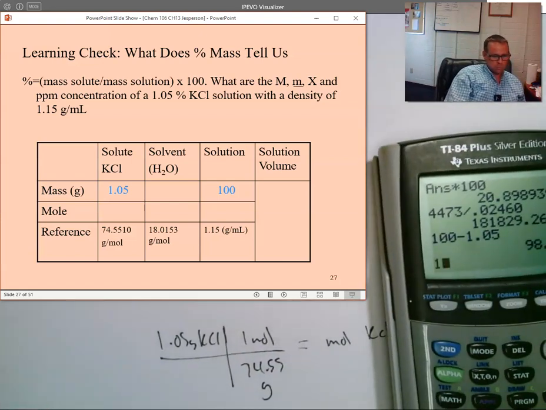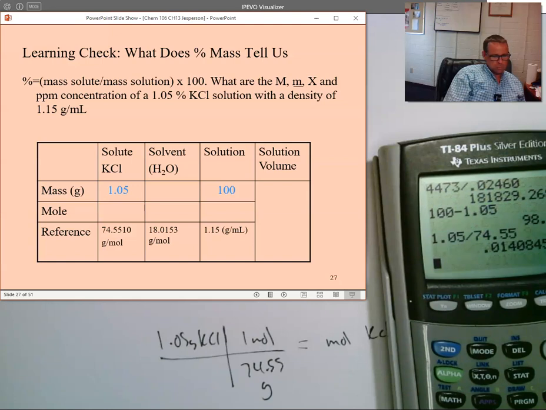So we do 1.05 divided by 74.55, and 0.0141 would be our moles of KCl.